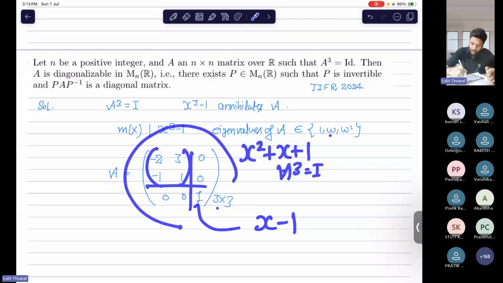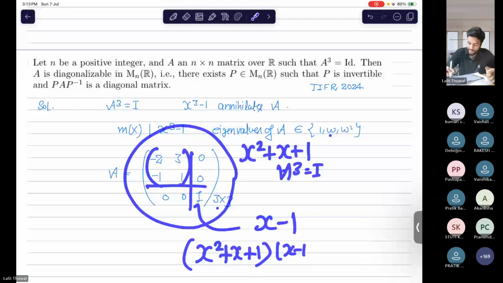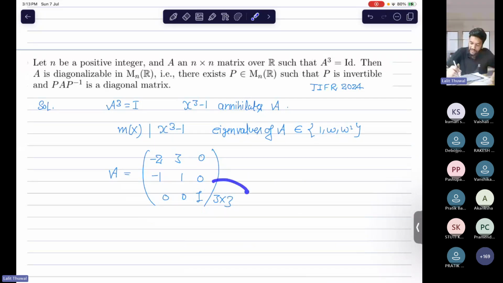The characteristic polynomial of this matrix would be the product, which is x cube minus 1. Every matrix satisfies its characteristic polynomial, so this matrix satisfies A cube equal to I also. Its eigenvalues lie outside the field, so it would not be diagonalizable over R. That's how we create the counterexample. So this is false.